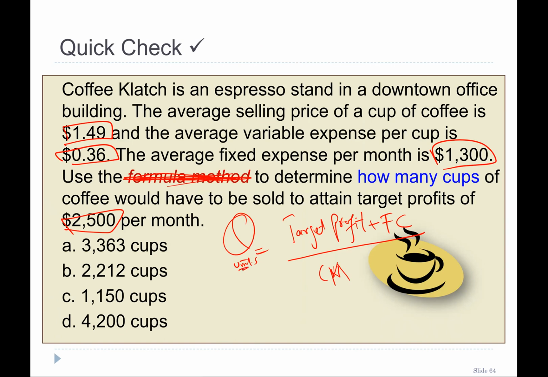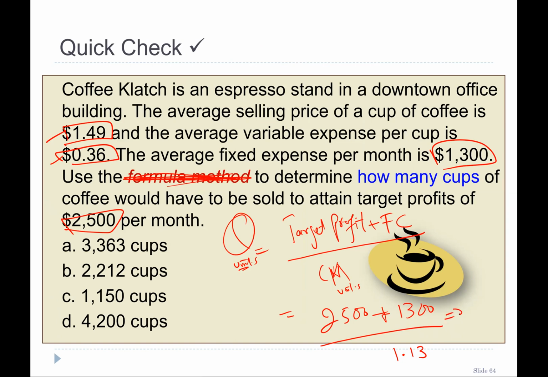Because these are units, they should be in units. Target profit, we need to find out how much? 2,500. Fixed cost is 1,300. And CM in units, 1.49 minus 0.36. Answer is 1.13.